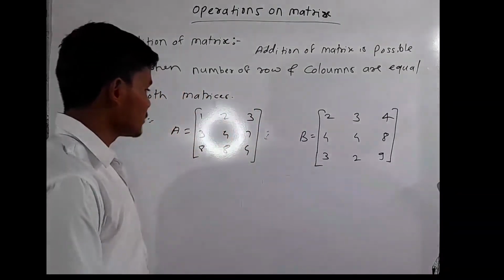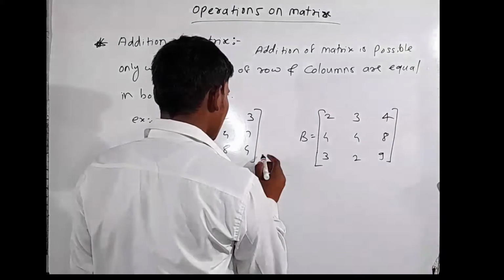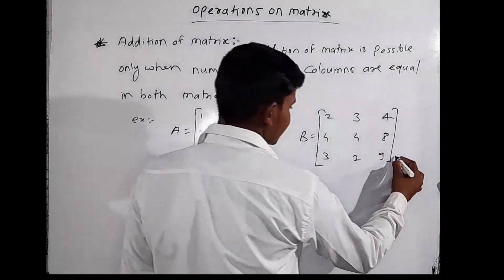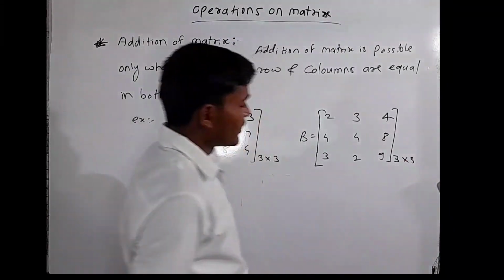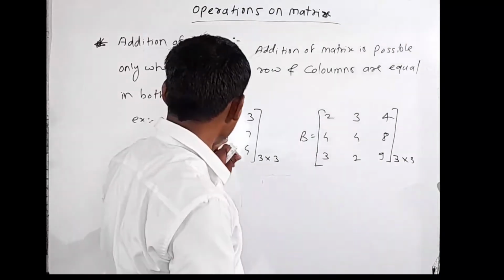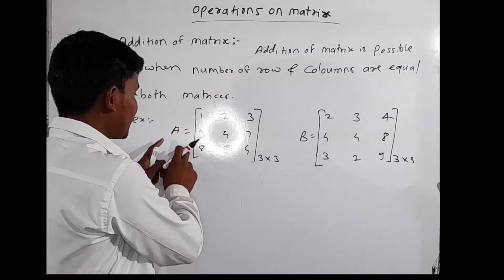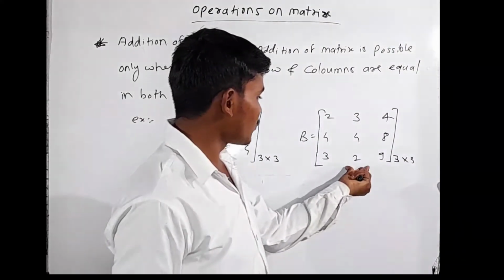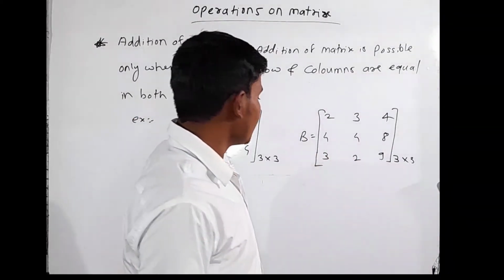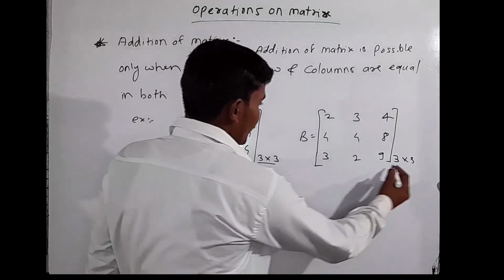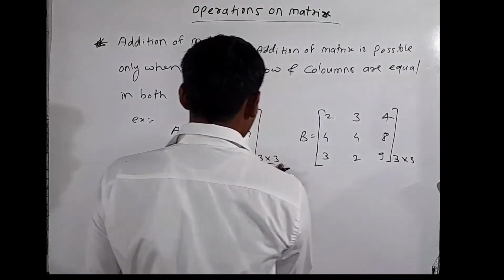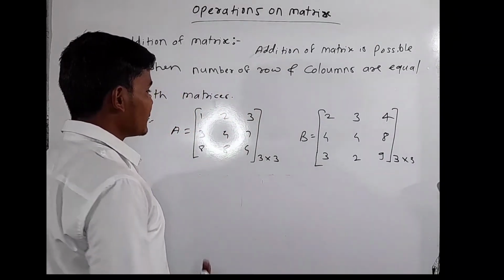Here the order of both the matrices is the same, that is 3 by 3. So we can add these matrices.